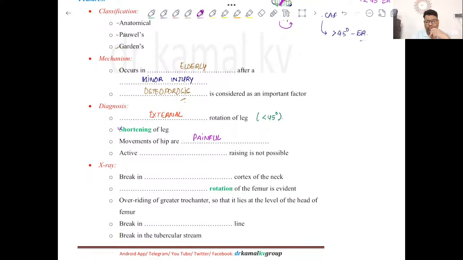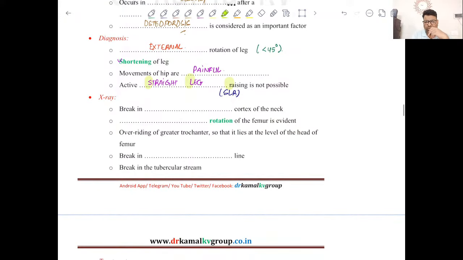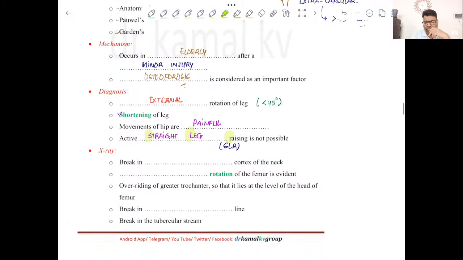There is no active straight leg raising, known as SLR. Now these are theoretical terms. We should not do all these things clinically because it is extremely painful for the patient. So this is just for theoretical concept, right? This is the clinical presentation.